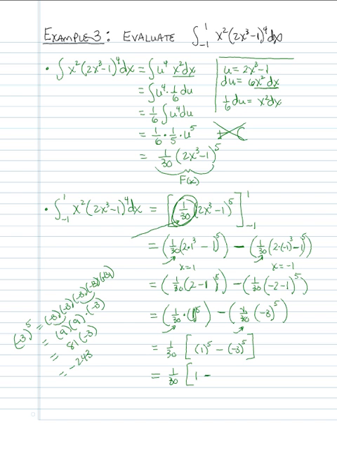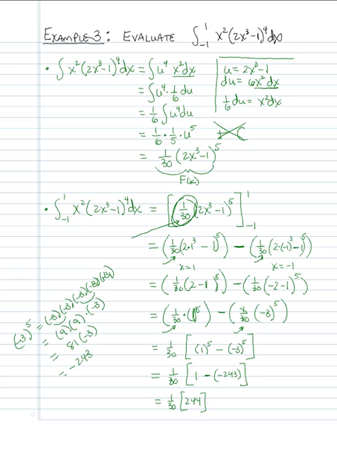Now we should have recognized that we were going to get a negative result, because when we raise a negative number to an odd power, we'll always end up with a negative result. So here's our, inside these brackets, 1 subtract the result we get when we raise negative 3 to the 5th, which is negative 243. So we end up with a 1 over 30 times 1 plus 243, which is 244, isn't it?